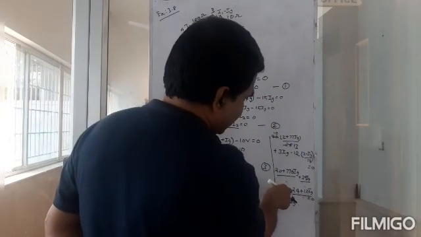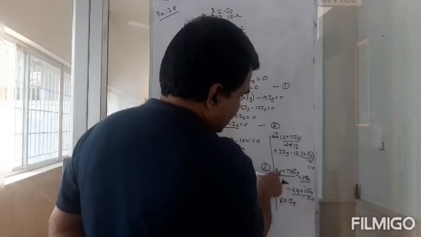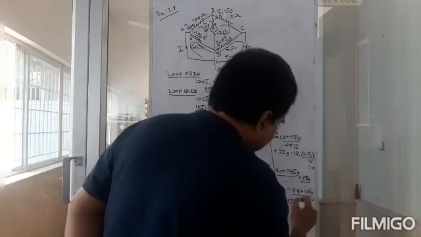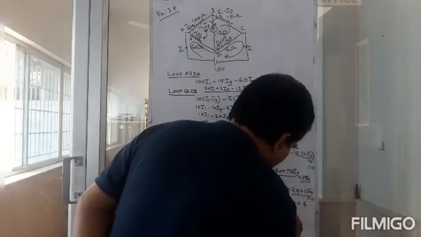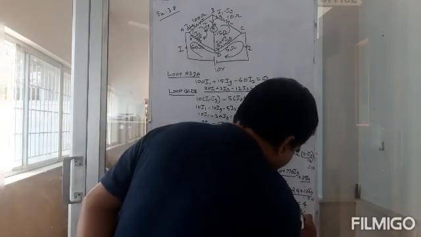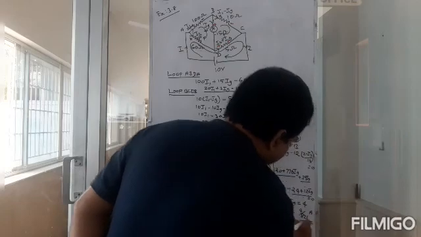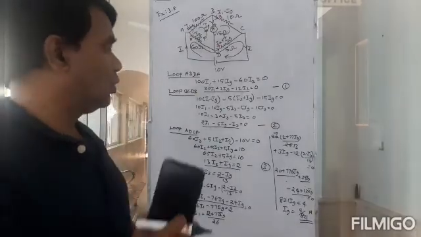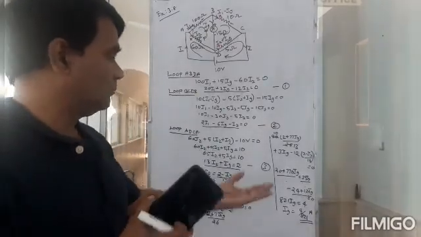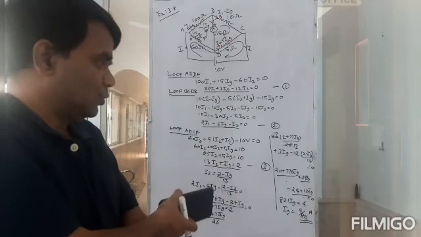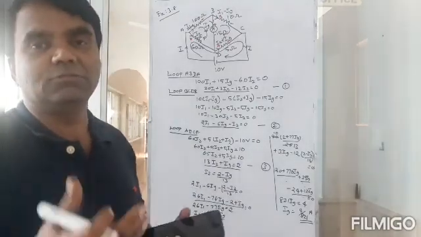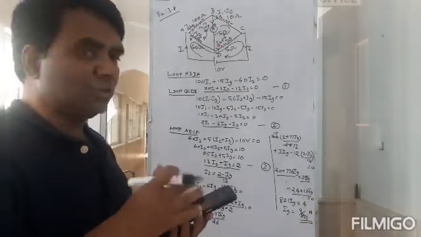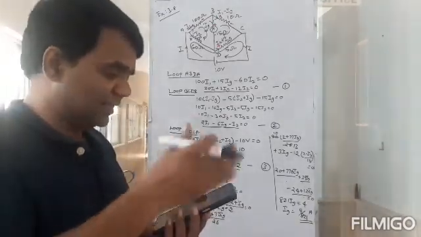This is equal to minus 4, right? 20 minus 24 is minus 4. So if it goes to the other side, 821 Ig is equal to 4. So Ig is equal to 4 by 821 amperes. Okay, that is roughly 1 by 200, so 0.005, a bit less than that.